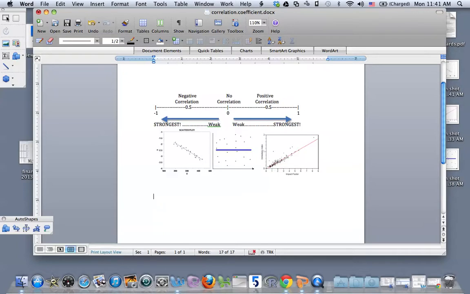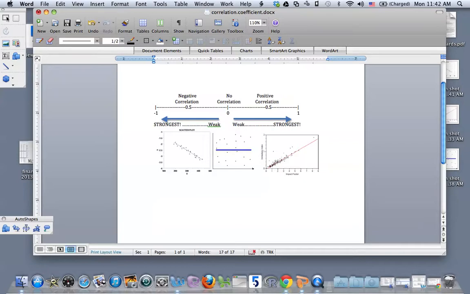If you were going to say that the correlation between the number of years in school and the number of cigarettes smoked is negative, then what that is saying is that as your years in school go up, the number of cigarettes smoked per day goes down, right? So that's the direction of correlations: positive and negative.